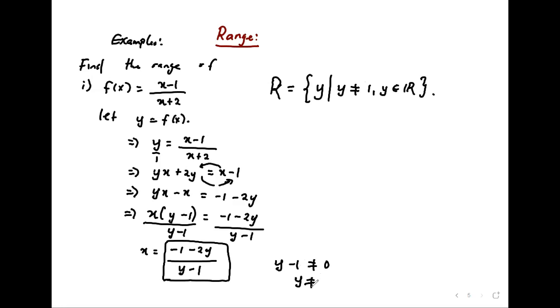So y is not equal to 1. That's how we solve for the range. So what we do, we look for the inverse. In the inverse, before we can switch variables, if I'm looking for the inverse because I want the range, there will be no need of me switching variables. I'll just get x in terms of y. Then the thing that I'll have with x as subject of the formula, its domain written as R will be the range of f.